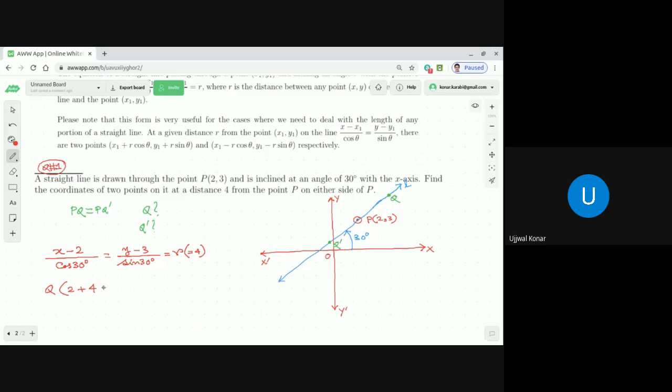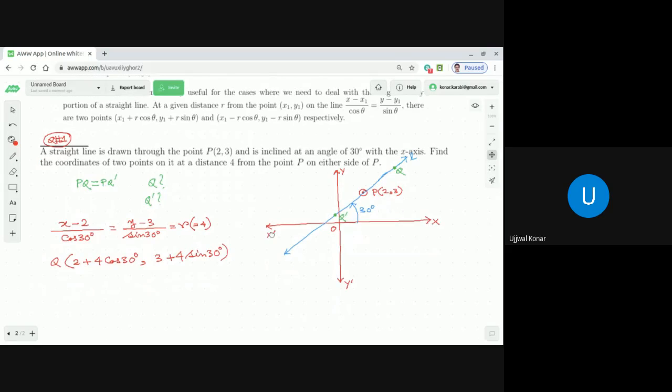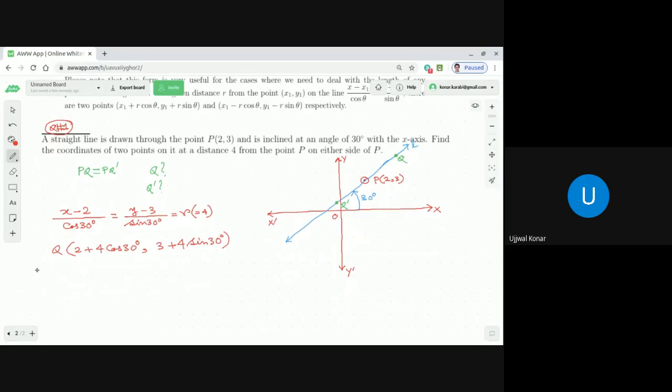So that is 2 plus 4 into cos 30 degree, and y1 plus r sin theta, that is 3 plus 4 into sin 30 degree. Let's find the coordinate of the point Q. So Q is (2 plus 4 cos 30, 3 plus 4 sine 30).